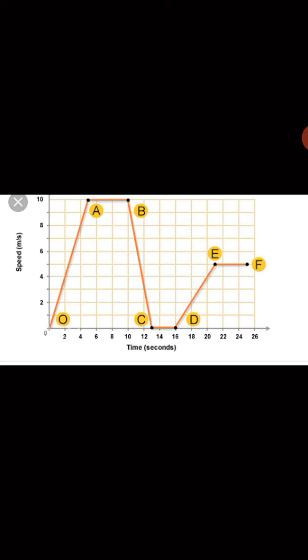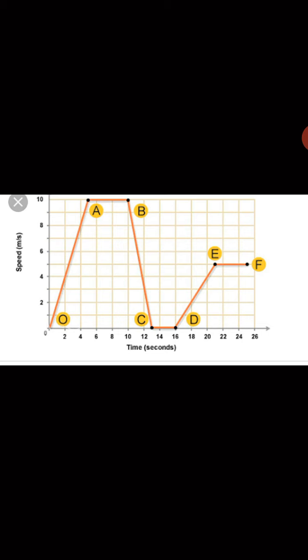After point B, the line comes downwards and meets the point C. So the line BC, if the graph line is coming downwards, then it is called deceleration. Deceleration means the acceleration is negative, and the word which is given for decrease in speed is deceleration. So at line BC, the object is decelerating.